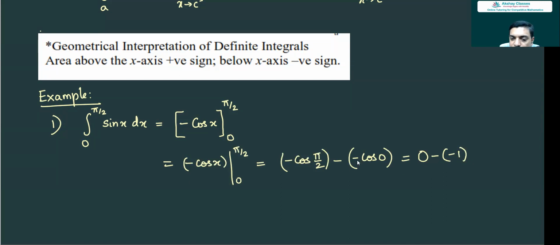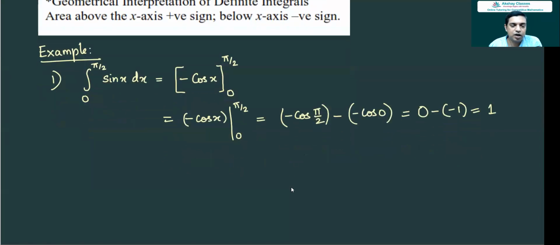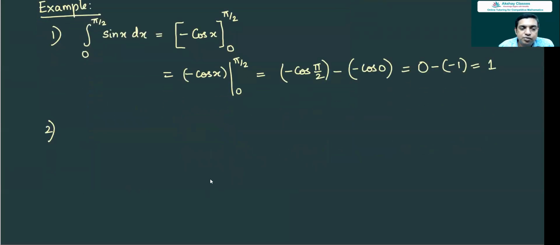So minus of minus 1 is plus 1. So the integral 0 to pi by 2 sin x dx is 1. All right. I'll just show you the graphs now very soon.